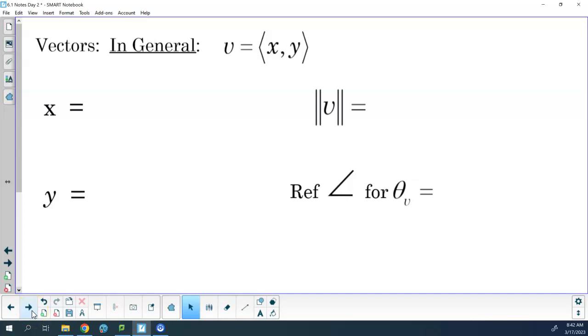If you had Roth on Wednesday, you didn't get the very last example. If you had me or Mrs. Hill and you started watching the video, it goes through that last example about a unit vector.